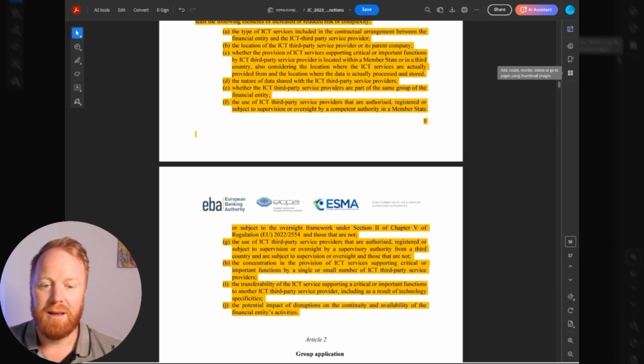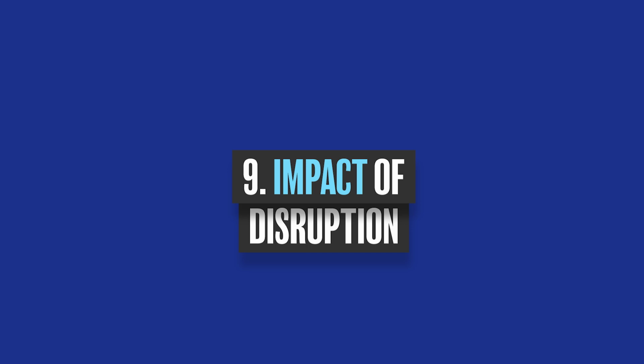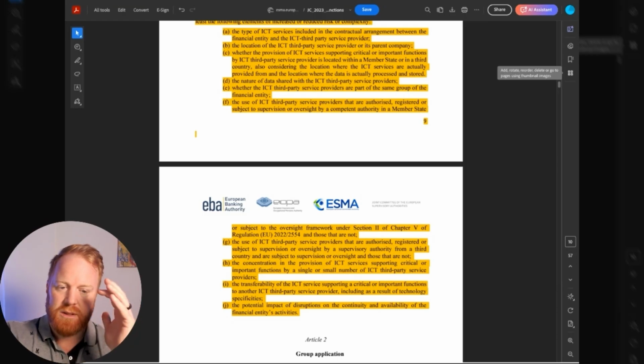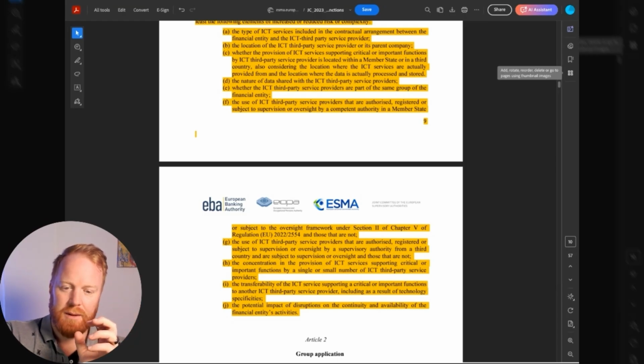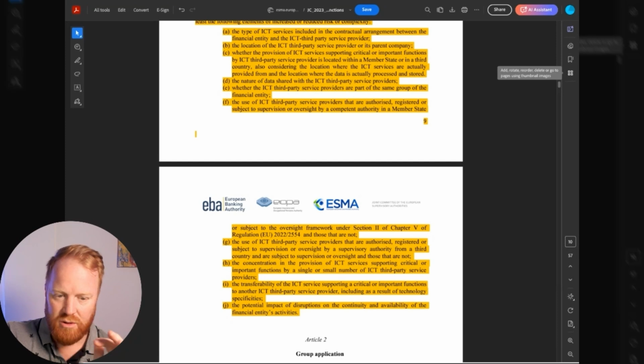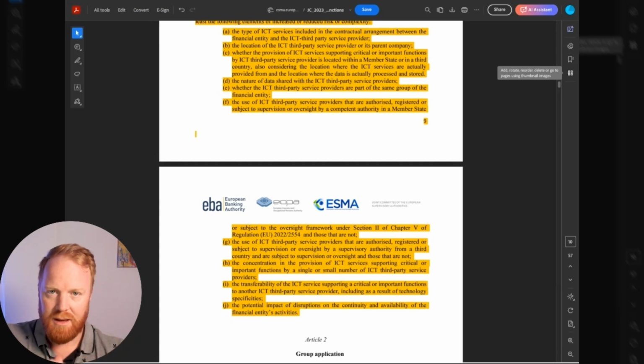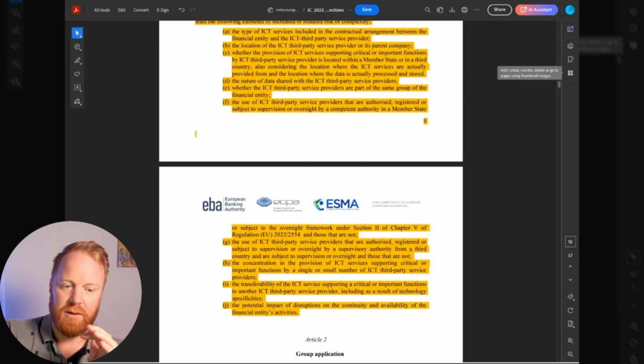And finally, number nine, impact of disruptions. The policy should consider the potential impact of any disruptions on the continuity and availability of the financial entity's activities. Understanding this impact helps planning for mitigating risks.